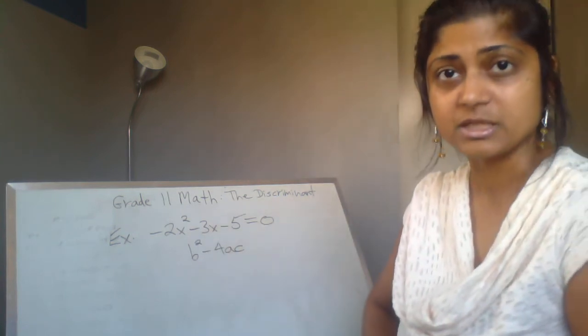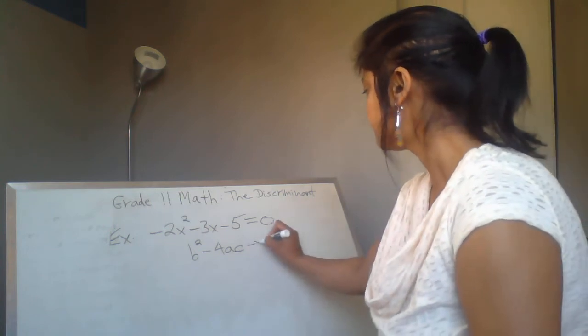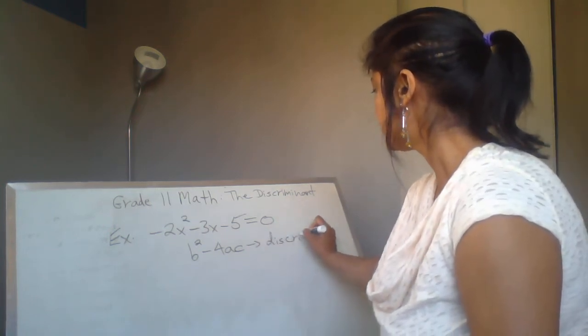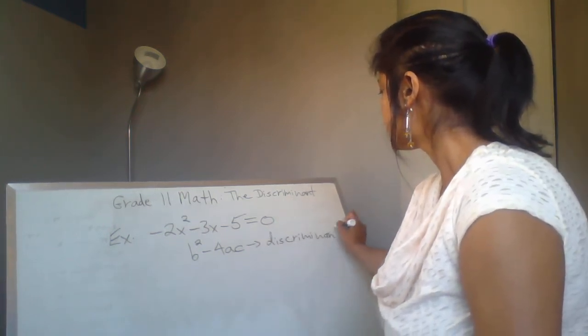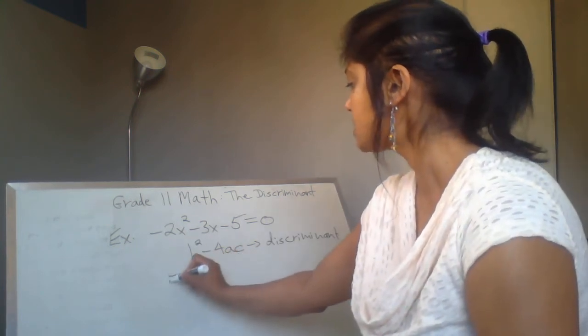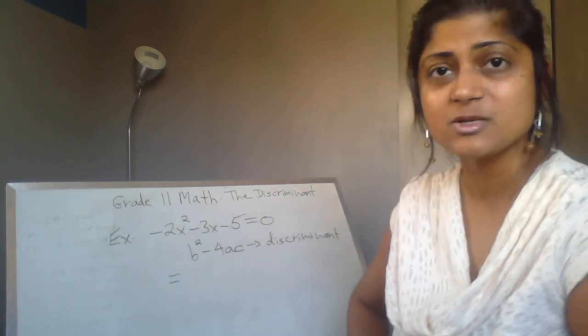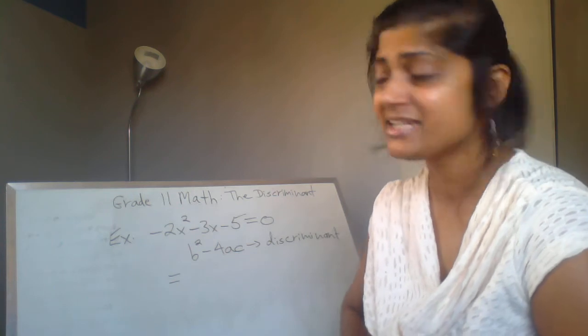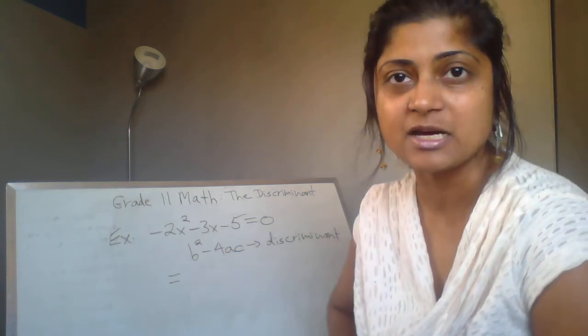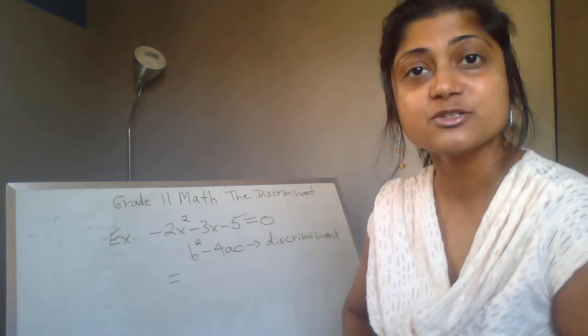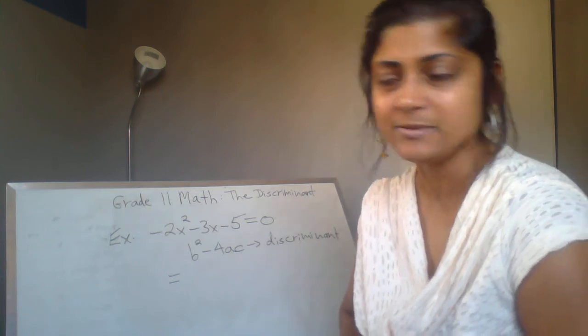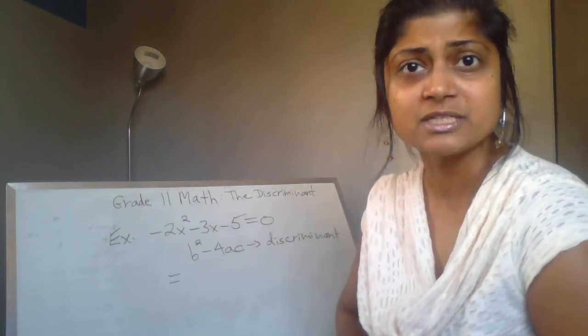So this is the formula for the discriminant. So I'm going to write it here one more time. Let's put discriminant, which is part of the quadratic formula. It's b squared minus 4ac. And I noticed that this is what is found in the quadratic formula underneath the square root sign, okay? And again, that will tell me the number of solutions.